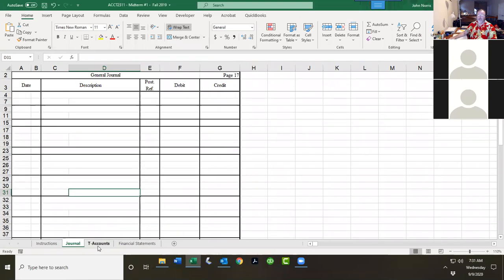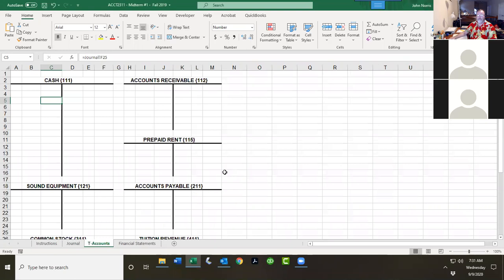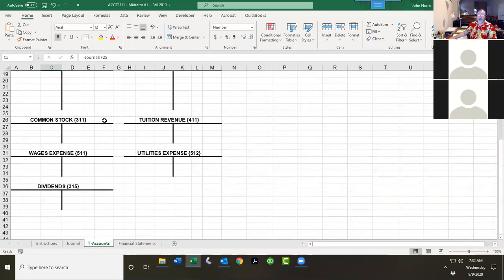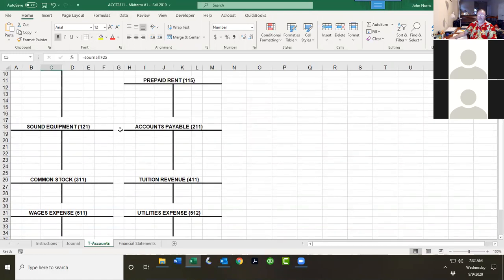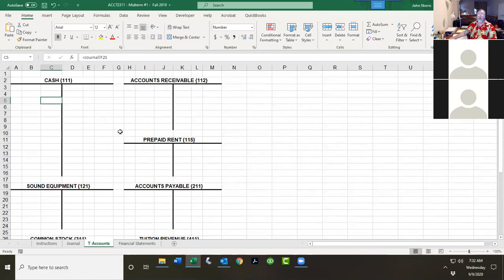I'm also going to be giving you a page with T accounts, so it will have all of the accounts that you need to complete the midterm. And then there'll be a financial statement tab for you to do financial statements.